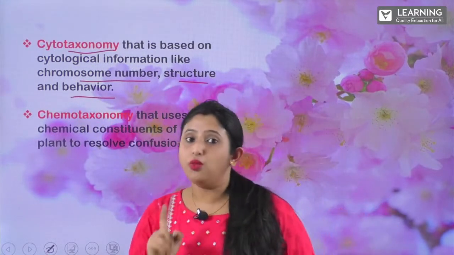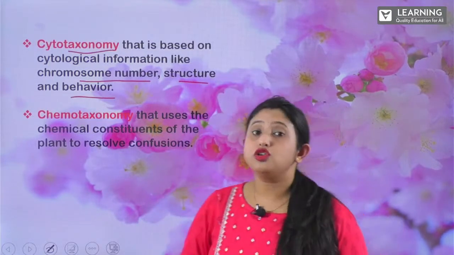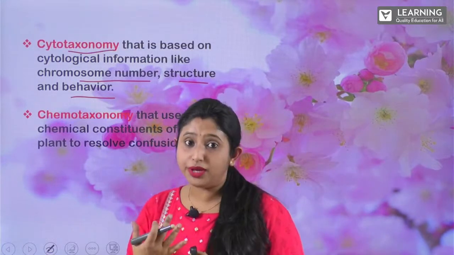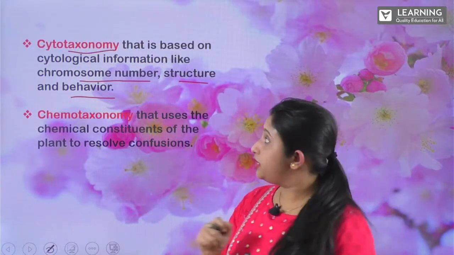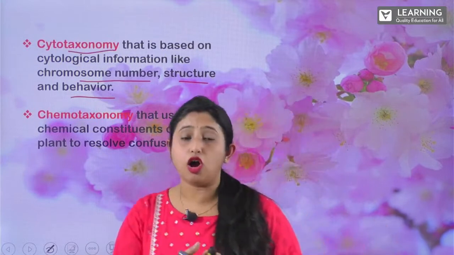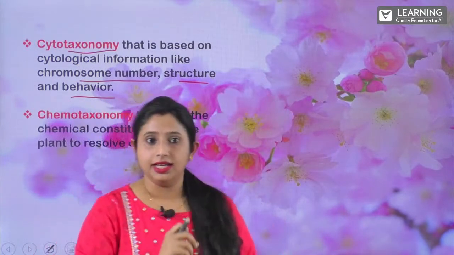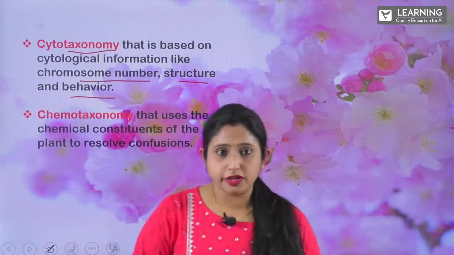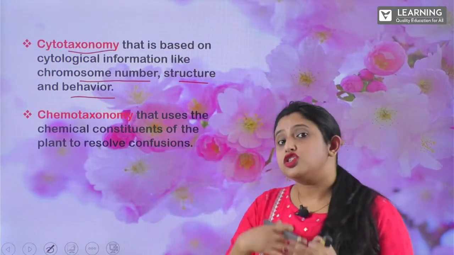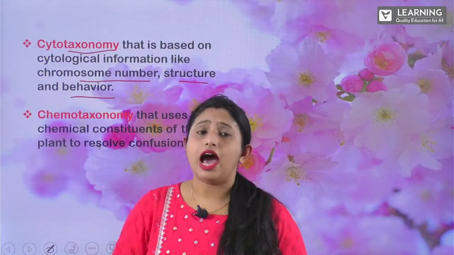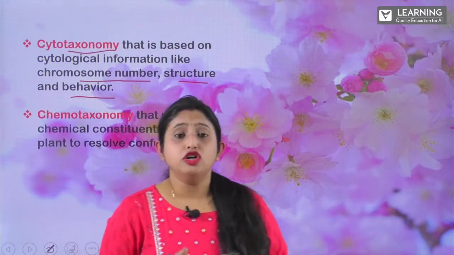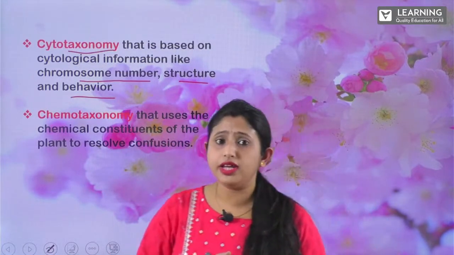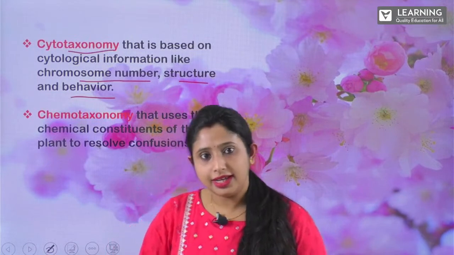So this is your 1 mark question. You can note it down. So what is cytotaxonomy? It deals with cytological information like the chromosome number and the structure and behavior of that particular cell. Clear? You know that there are 23 pairs of chromosomes in a human being, right? Similarly, even plants have different chromosome numbers. So depending on the chromosome number, we can classify the different plants. Clear?